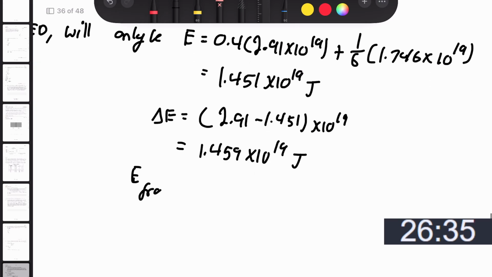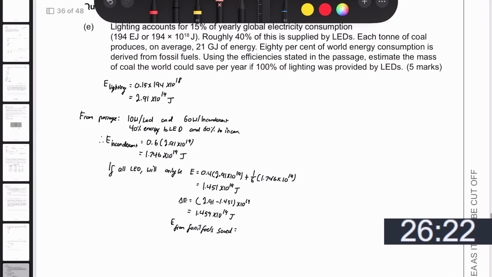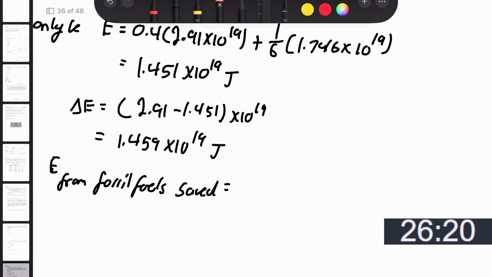E from fossil fuels saved is going to equal 80% of this, which is 1.1672 times 10 to the 19 joules.